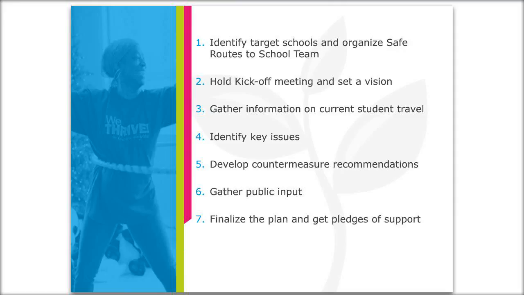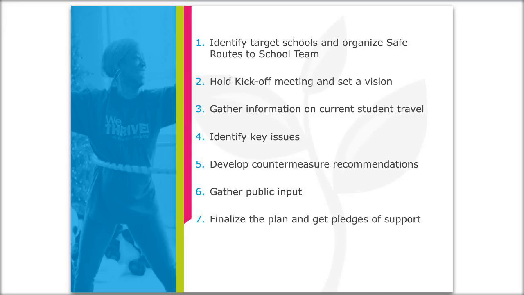So first, you want to identify the target schools. And remember, in Ohio, the Safe Routes to School initiative focuses on K through 8. So what are those elementary, middle, or intermediate schools that you might want to target, and organize a Safe Routes to School team. Next, you'll want to hold a kickoff meeting and set a vision for your Safe Routes to School initiative. You'll gather information on current student travel.